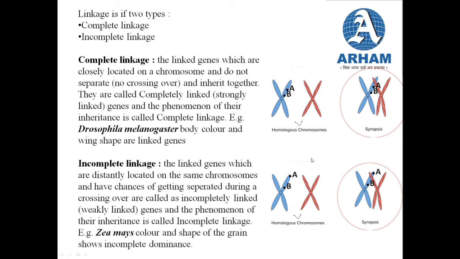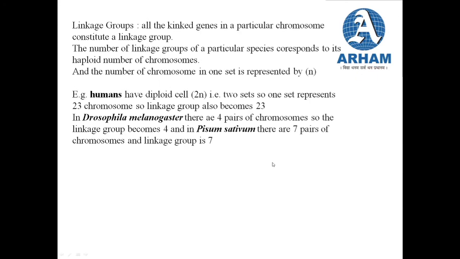Now let us understand what we mean by linkage group. Linkage group means all the linked genes in a particular chromosome constitute a linkage group. Now let us take an example of human beings. The number of linkage groups of a particular species corresponds to its haploid number of chromosomes, and the number of chromosomes in one set is represented by n.